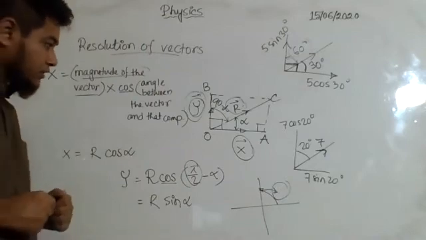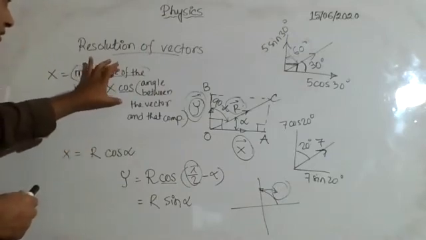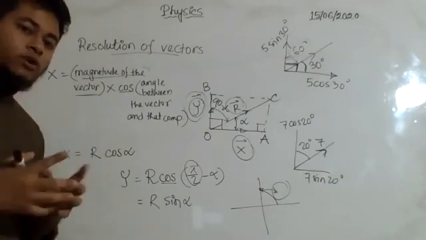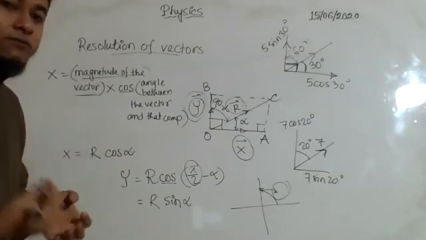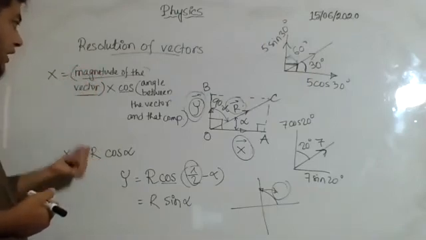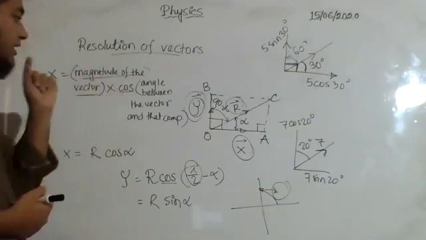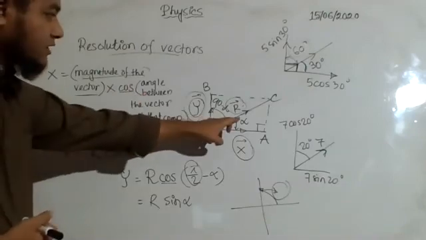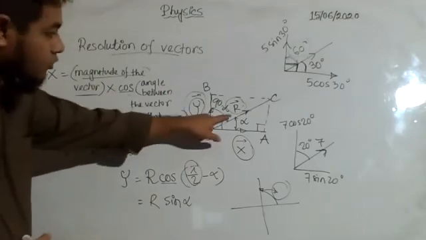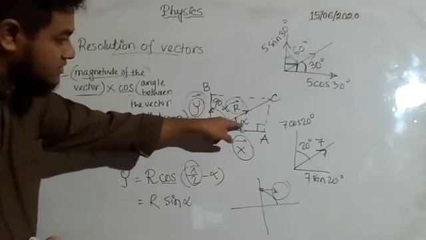Okay. So if you remember just this basic, that if you want to find out the component of any vector, all you have to do is just take the magnitude of that vector and write cos and the angle between that vector and the component which you are calculating. If it is x, then the component and x between them, what is the angle?